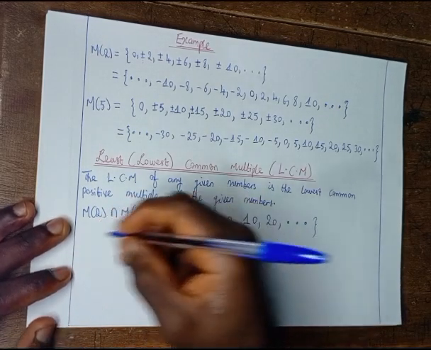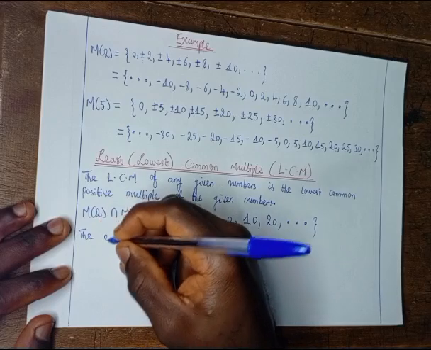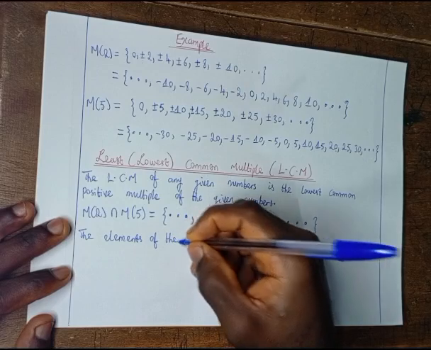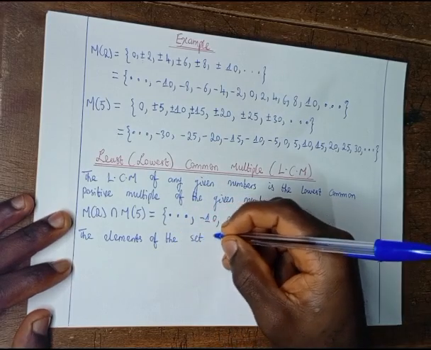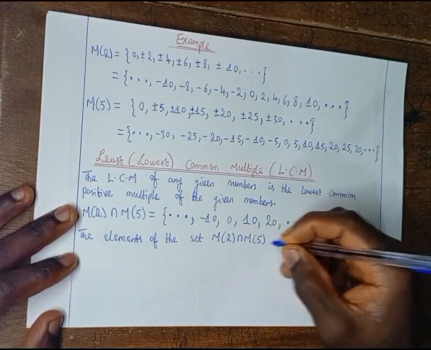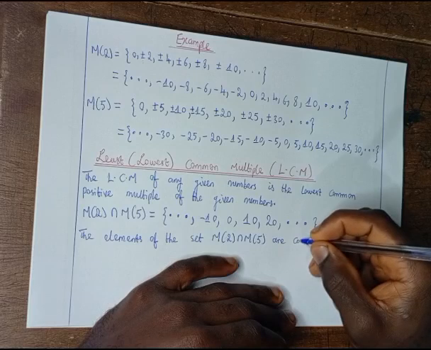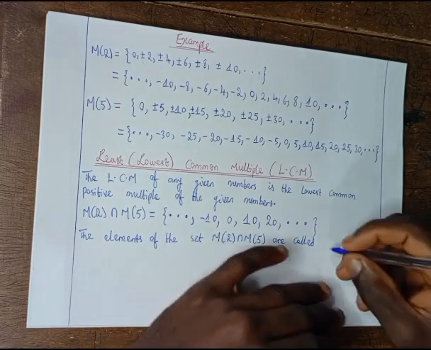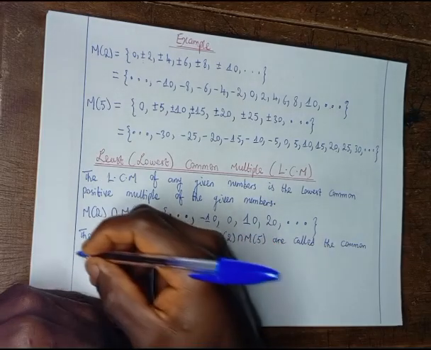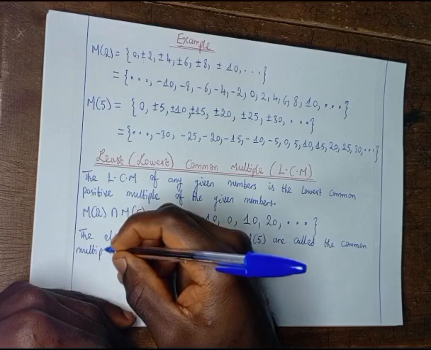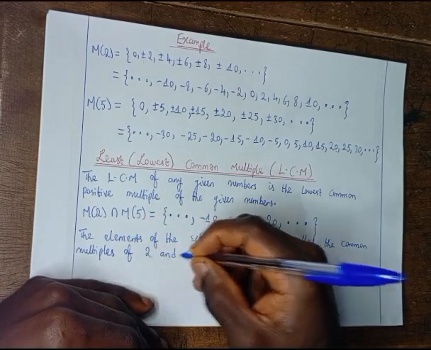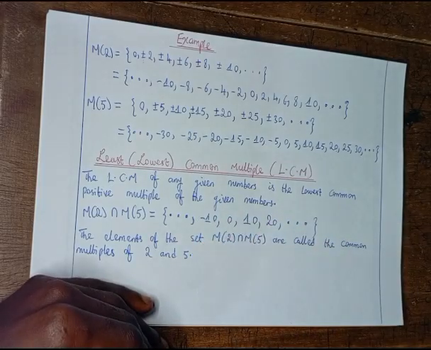Let's write this down. The elements of the set M of 2 intersection M of 5 are called the common multiples of 2 and 5. I'll underline this using a red pen.